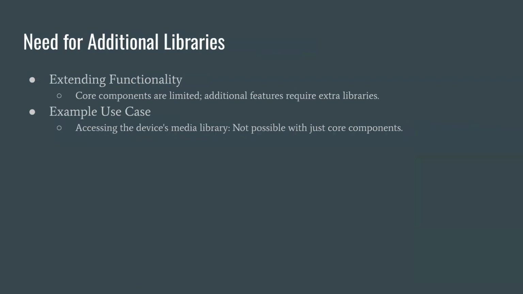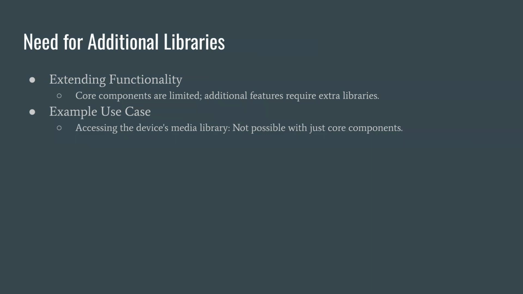So while React Native provides a robust set of components, sometimes we need to extend its functionality beyond these basics. So we're going to look at one of the common requirements, which is selecting images from a user's device.